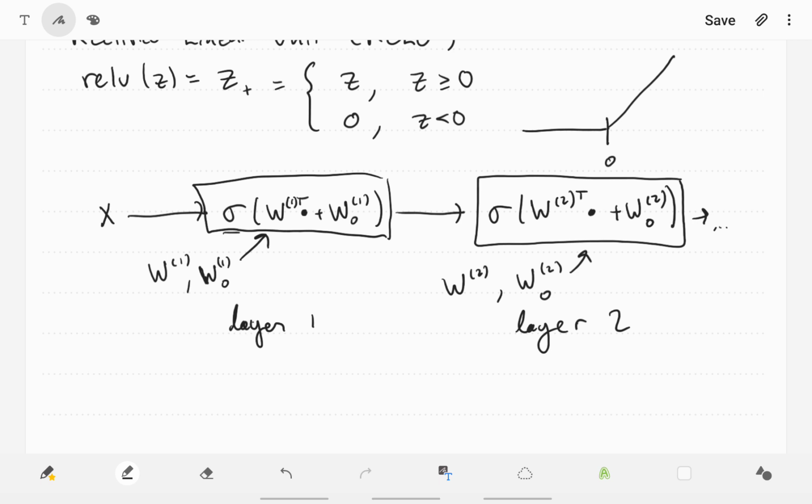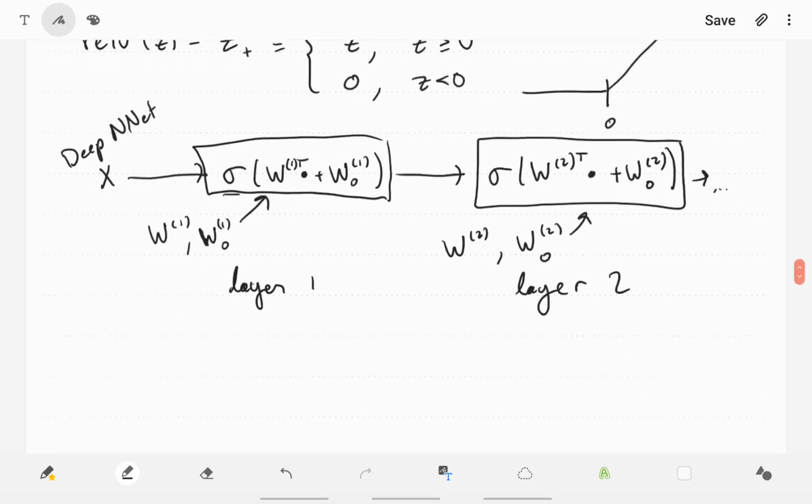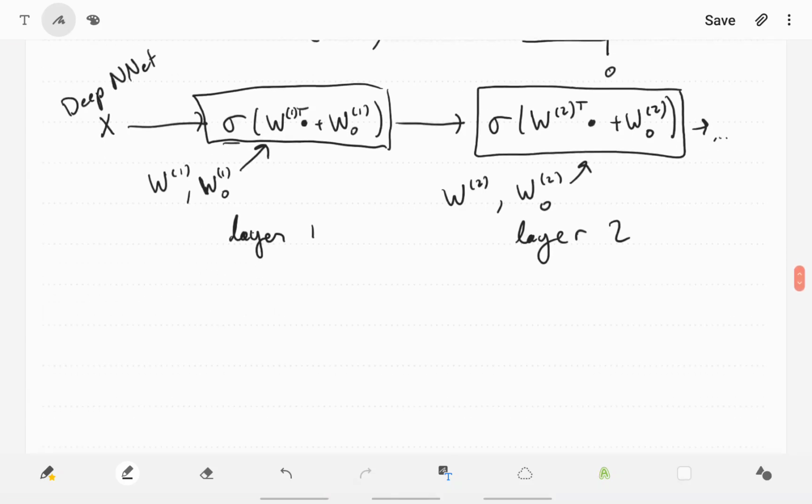Another thing I'd like to mention is this is what a deep neural net looks like, and by deep we just mean there are multiple layers. Another thing to mention is that this is not the only type of layer.